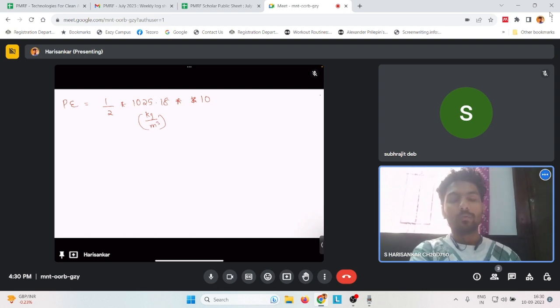We want to convert this kilometer square into meter square. 1 kilometer is 1000 meters, so 1 kilometer square will be 1000 square, or 10 raised to 6 meter square. So that is the area.